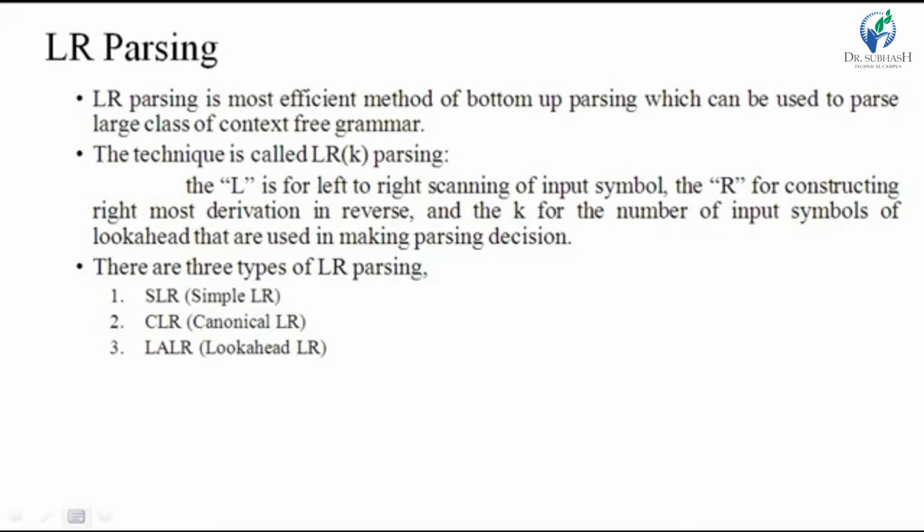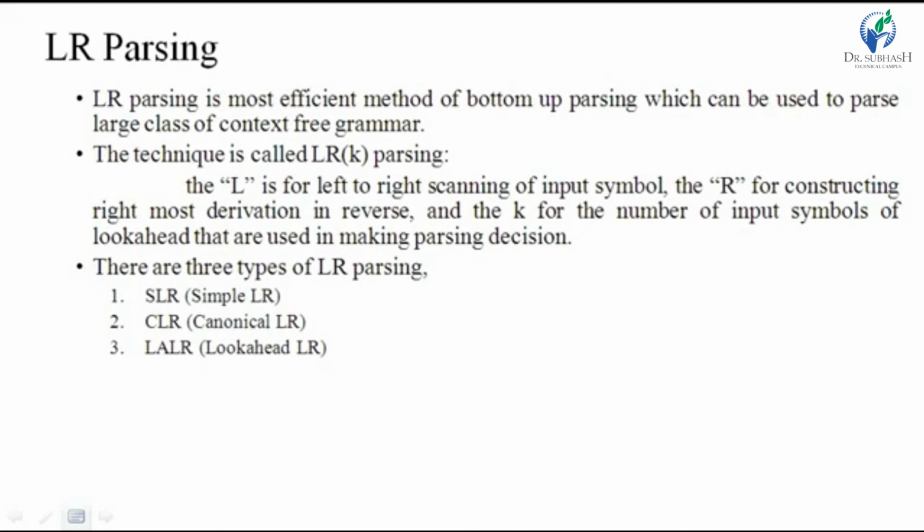The technique is called LR(k) parsing, in which the L is for left to right scanning of input symbol, the R for constructing rightmost derivation in reverse, and the K for number of input symbols of lookahead that are used in making parsing decision.